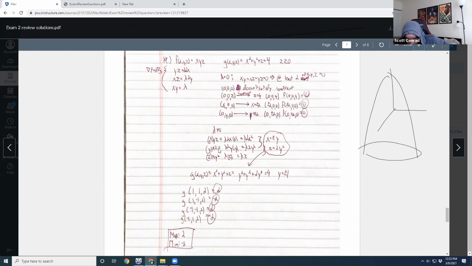So we still have xyz as lambda 2x squared, xyz is lambda 2y squared, xyz is lambda z.